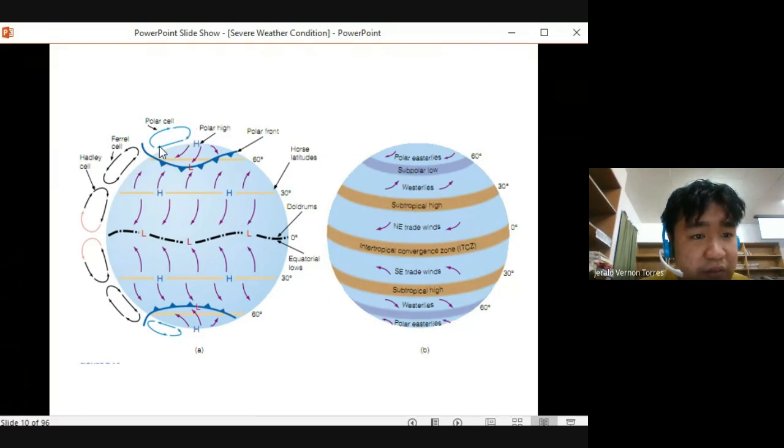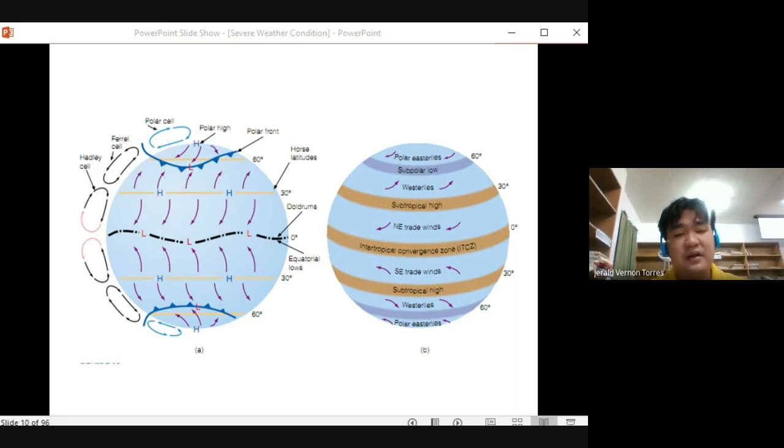Its point source is east going to west. That is why the surface wind formed by the polar cells is called easterlies, or the polar easterlies.